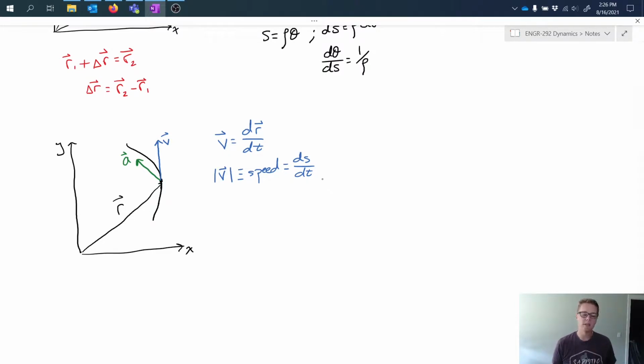Now that doesn't contain directional information, it's only that arc position s. So we've got the magnitude of the velocity vector representing speed, and we've got velocity being the time derivative of our position r. And I'm not going to get into actually carrying out those derivatives of these vectors. That's not particularly relevant for anything that we need at the moment.